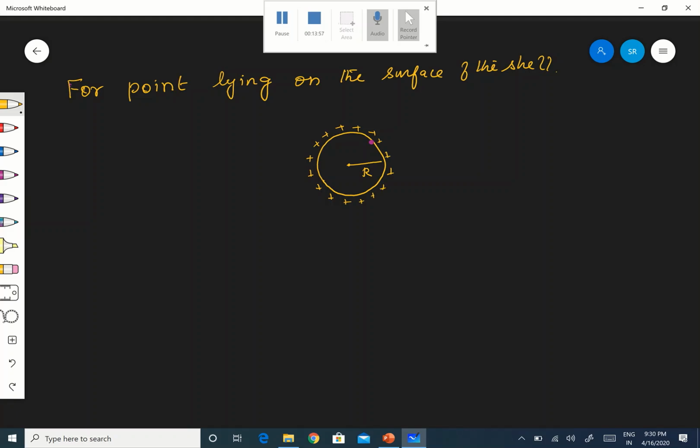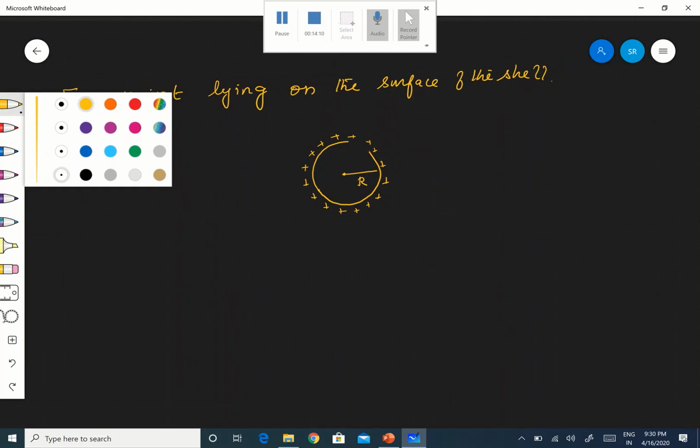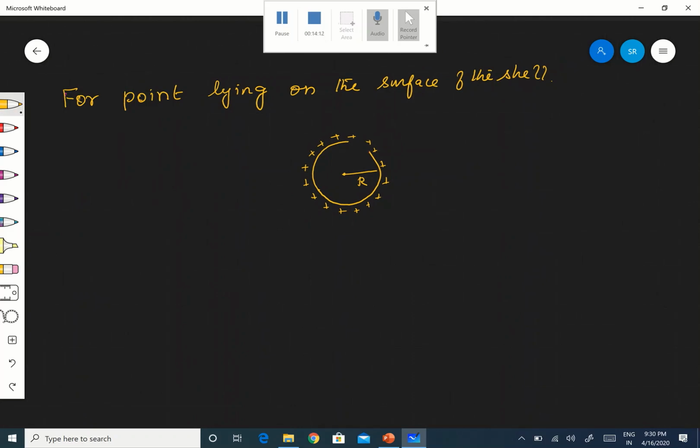Therefore my point of interest P is lying on the shell itself. Now you tell what to do here.